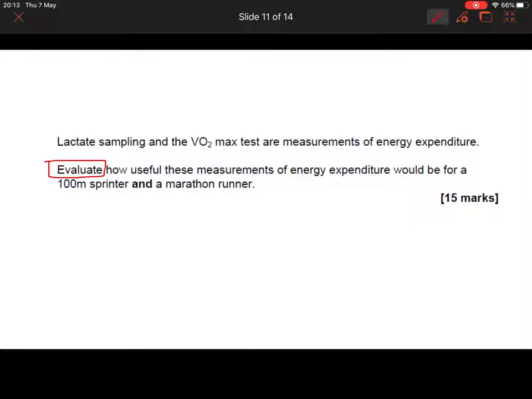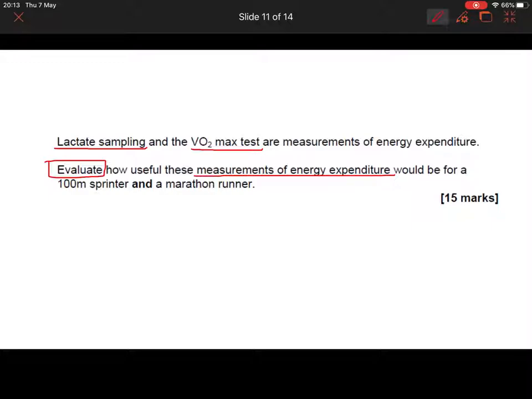We're now going to underline subject content: measurements of energy expenditure. Right, we've just looked at 4. This question is specifically looking at lactate sampling and the VO2 max test. You do not have to mention the respiratory exchange ratio in this answer.